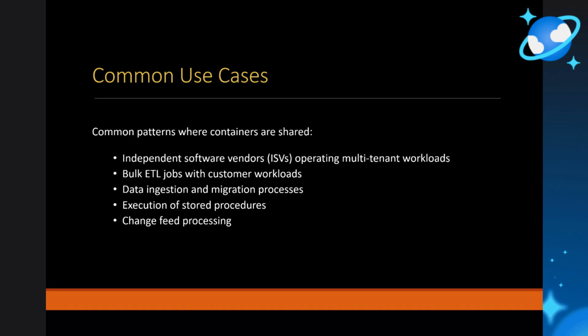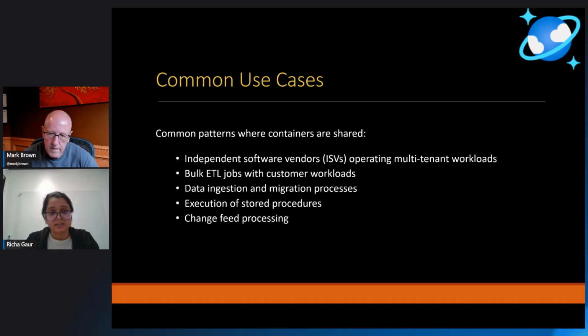A lot of times customers run bulk execution jobs along with the customer-facing workload. Since these are bulk execution jobs, they tend to be very high throughput jobs, and they end up impacting the front-end workloads that the end consumer is interacting with for the application.